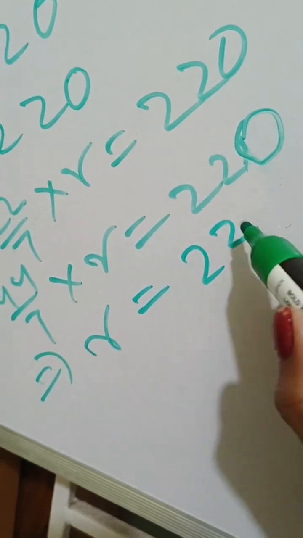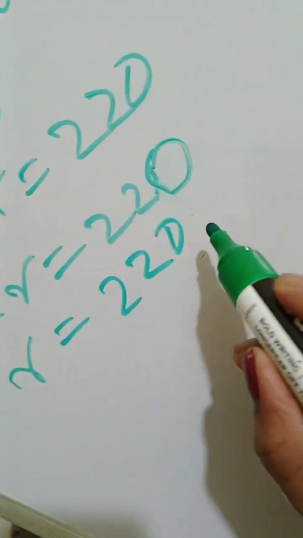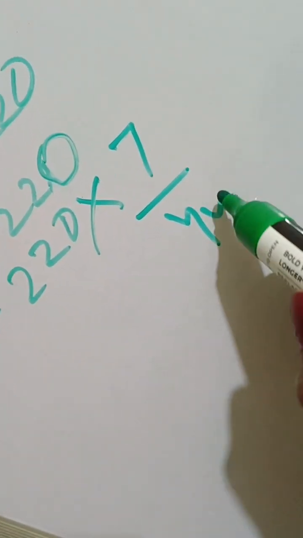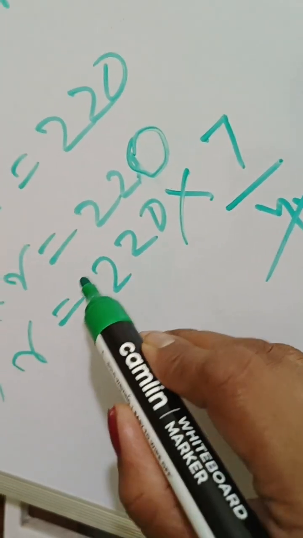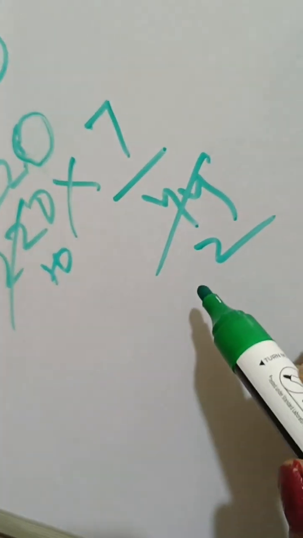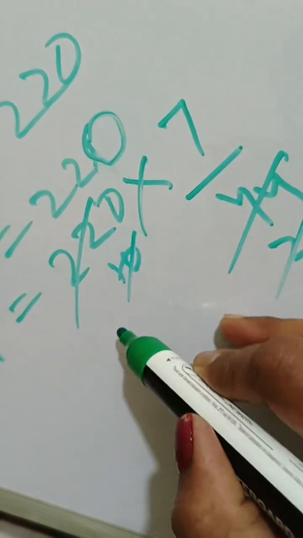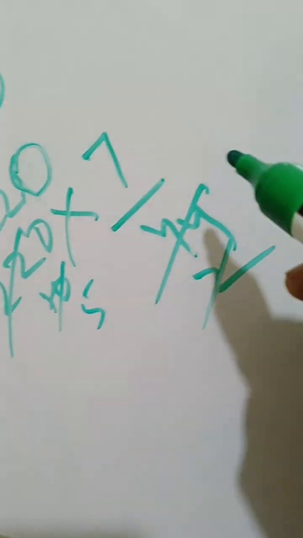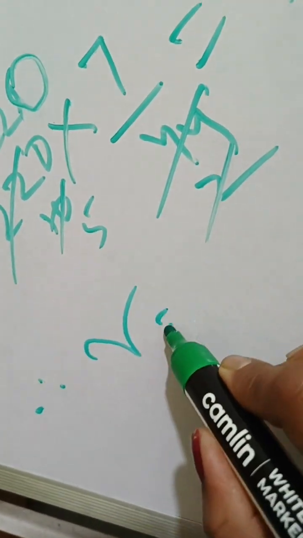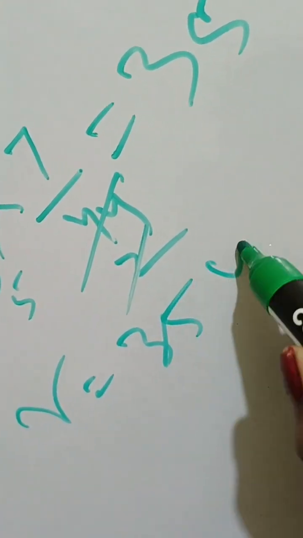So 220 divided by 44/7 means multiplied by 7/44. When we cancel this, 22 2s are 44, and 22 10s are 220. Further we cancel and we get 5. Now 5 7s are 35. This is the value of the radius of the circle. So radius equals 35 centimeter.